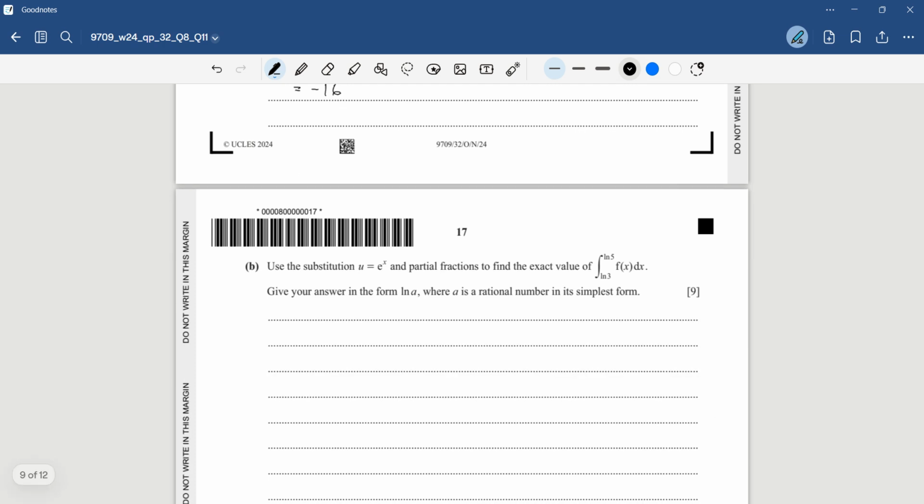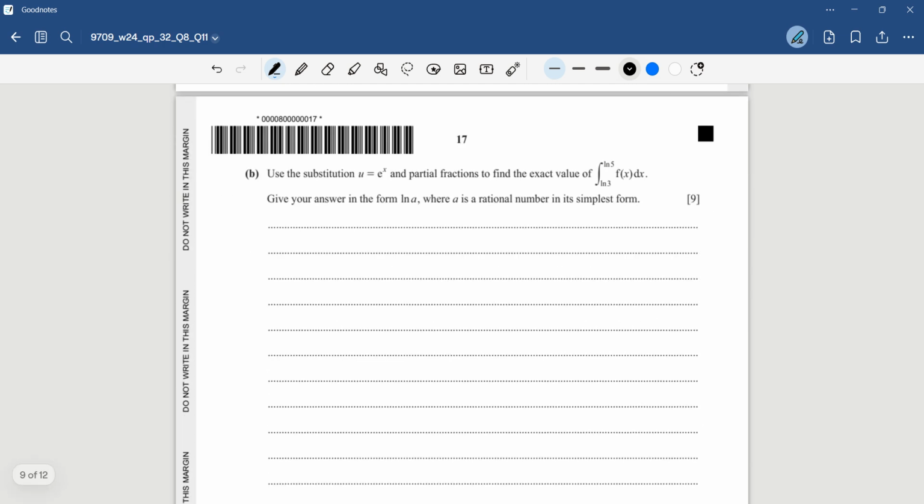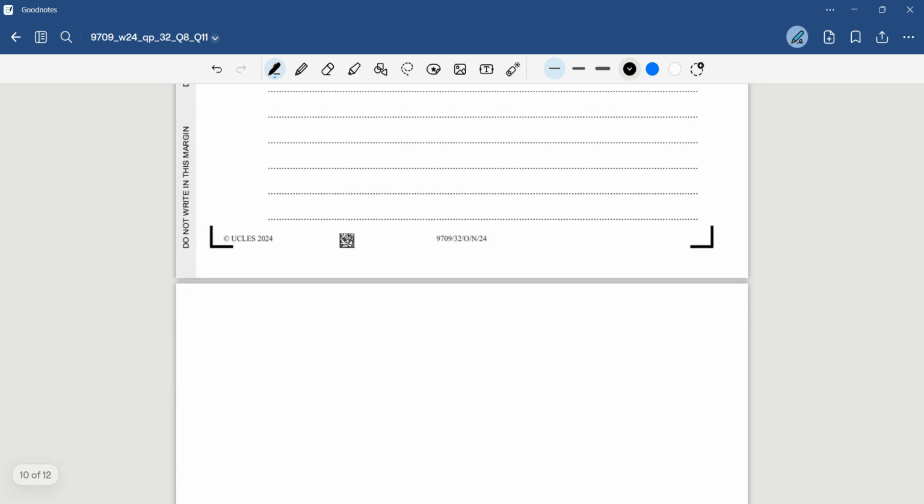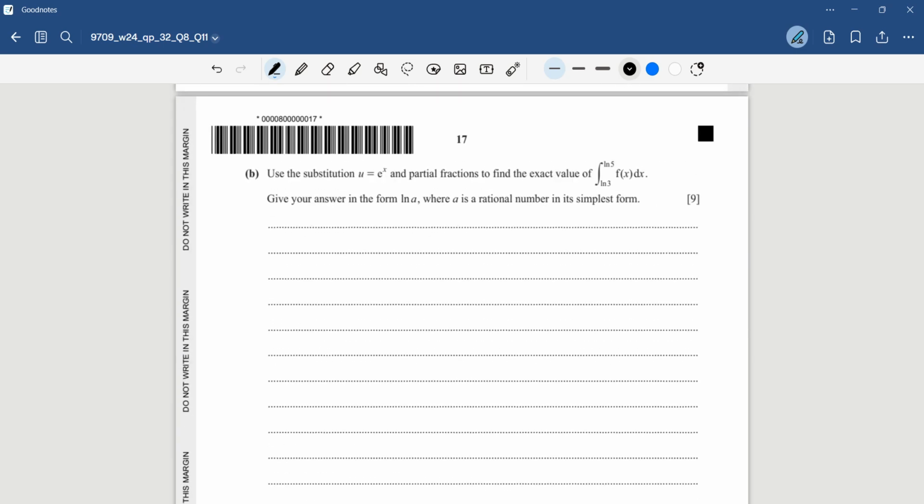And then part B, use the substitution u equals e^x and partial fractions to find the exact value of this. Okay, so wow, quite long. First we do the substitution.